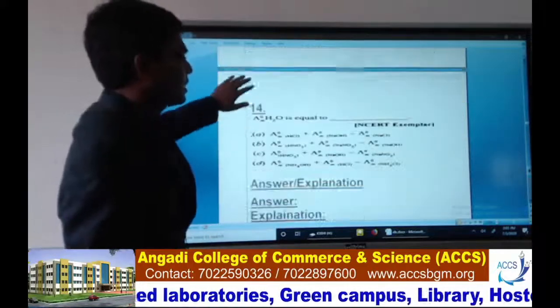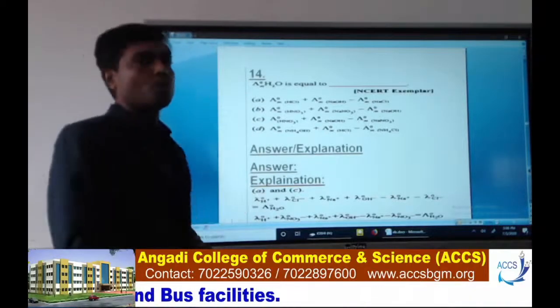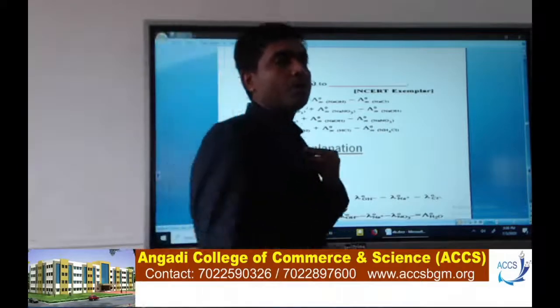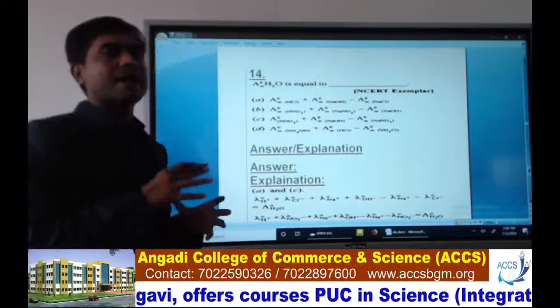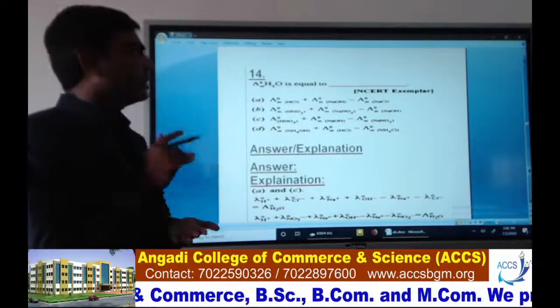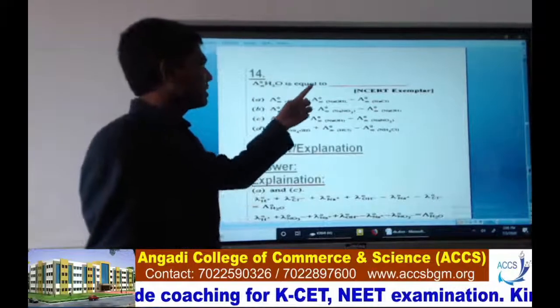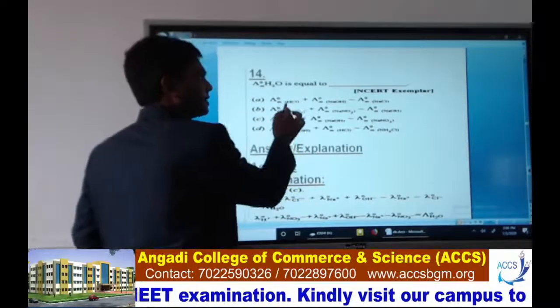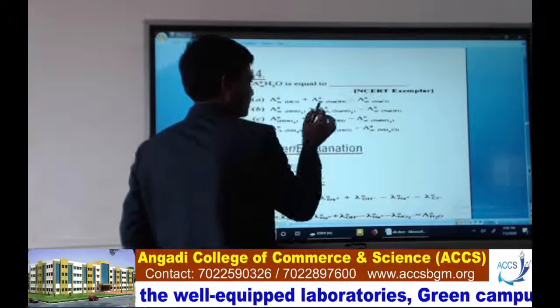Another question which has 2 answers. Lambda m0 H2O is equal to. We know that according to Kohlrausch's law, you should take the acid and the base and its respective salt, and based on that we have to calculate the water. So water is equal to HCl plus NaOH, strong acid and strong base, minus its salt, correct.